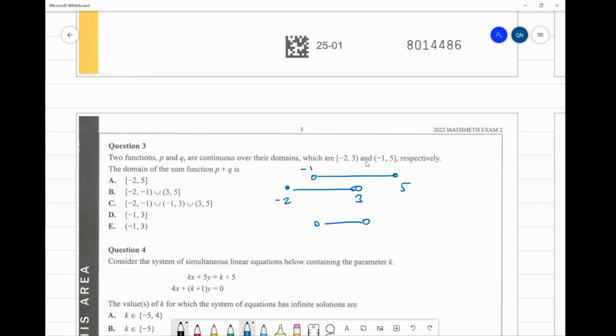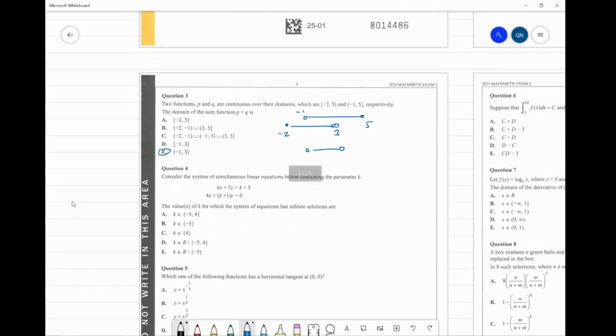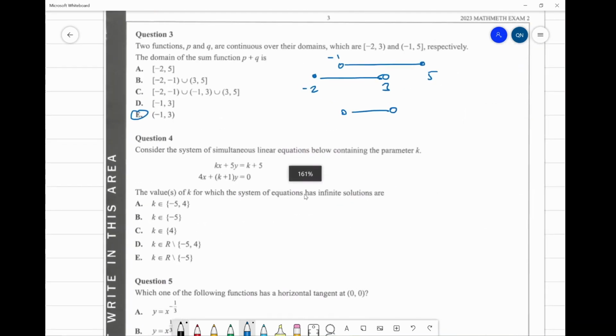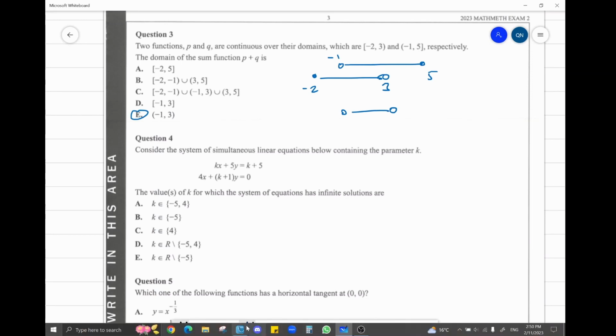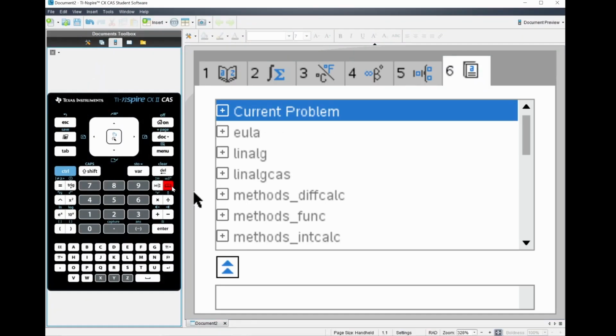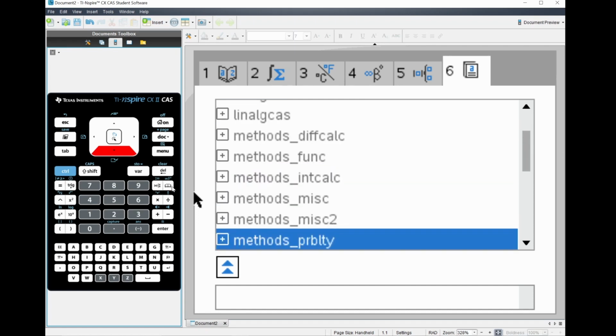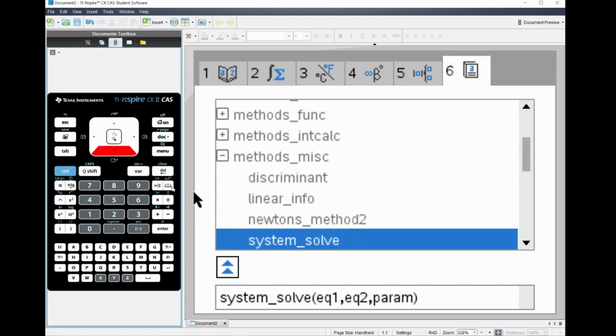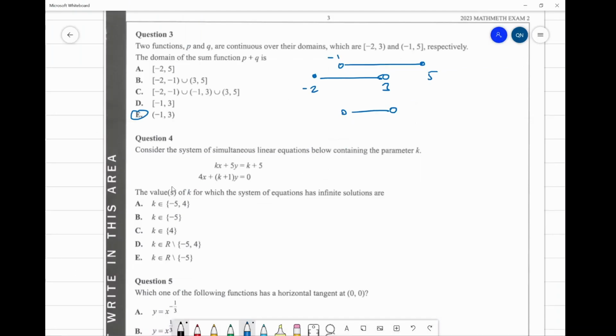So yeah, option E. Question 4, consider the system of simultaneous linear equations, find the values of k for infinite solutions. We've got the classic system solve. I'm so glad this question popped up actually. We go to miscellaneous, then system solve. This works because we only have 1 parameter, which is quite nice.